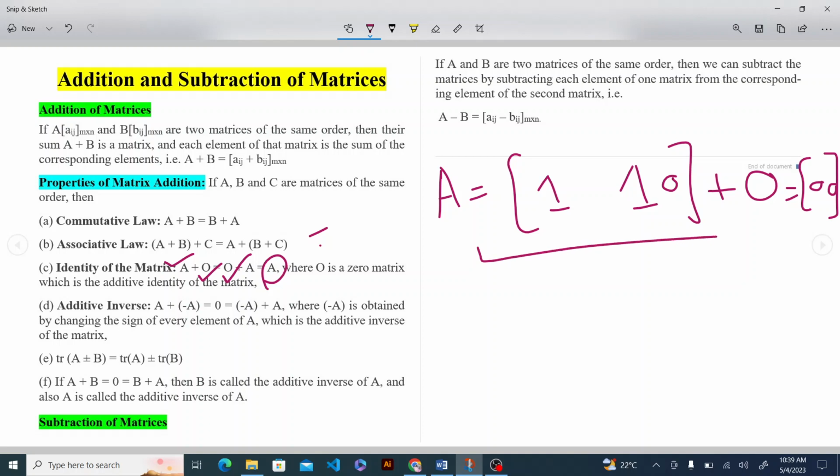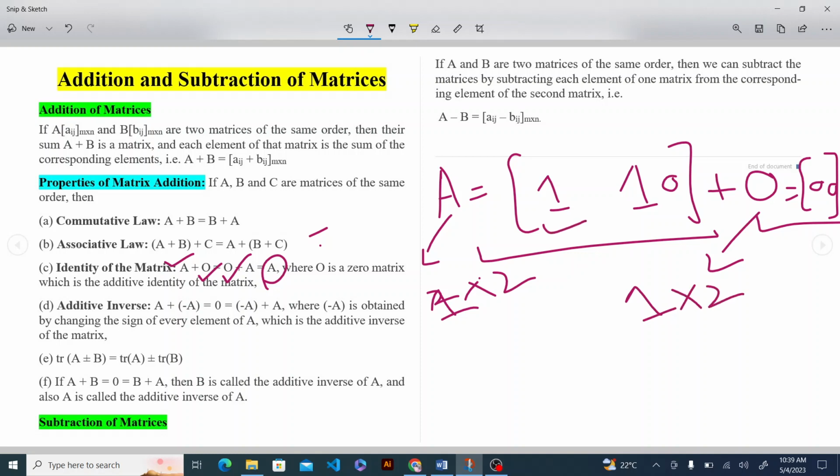You have to remember this thing, that the order of the matrices should always be the same, for either subtraction or addition. The order of A is 1 by 2, and for O, the zero matrix, it is 1 into 2, because there are 2 columns and 1 row.